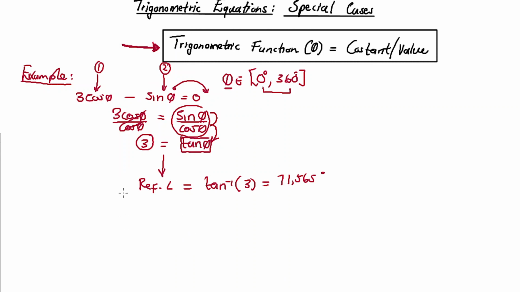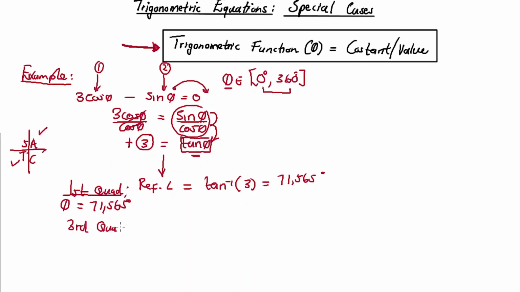Next question. Where is tan positive on the CAST diagram? Tan is positive in the first quadrant and third quadrant, right? In the first quadrant, we do not have any reduction formula, so theta in the first quadrant is just going to be 71.565. In the third quadrant I do have a reduction formula.